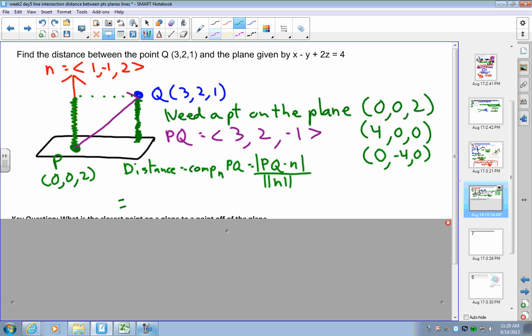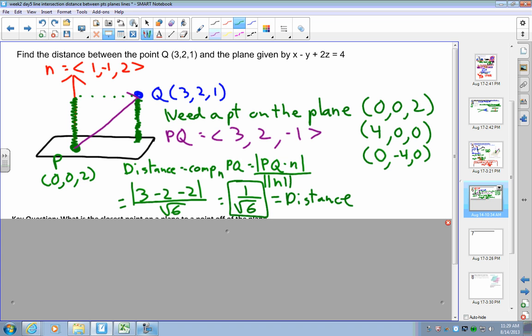So PQ dot N, 3 minus 2 minus 2, the absolute value of that, all over the magnitude of N, which is square root of 6. So that's 1 over square root of 6. That's my distance.